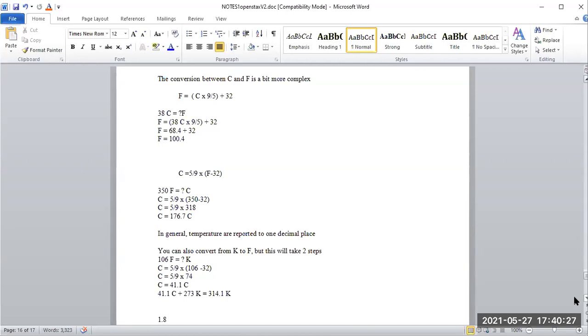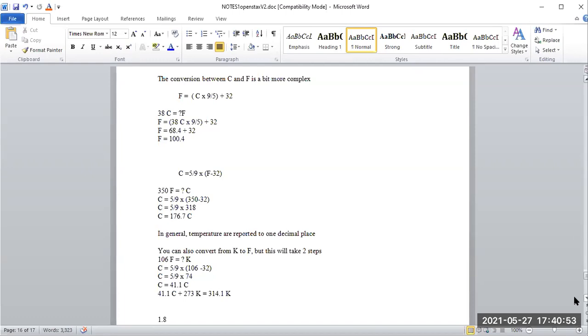So order of operations, pay attention to your parentheses here. 350 minus 32. Then multiply by the reversed fraction, 5/9. So subtract gives me 318, multiply by 5/9, I get 176.7.